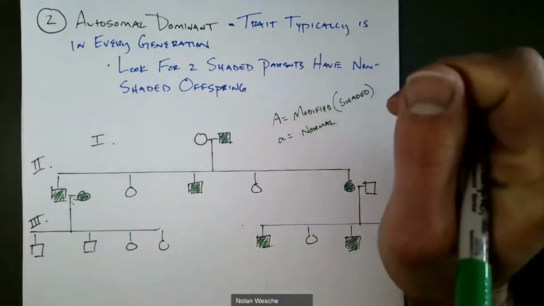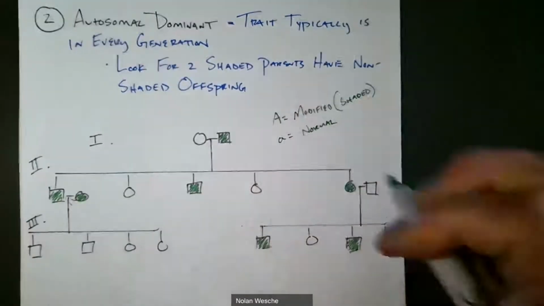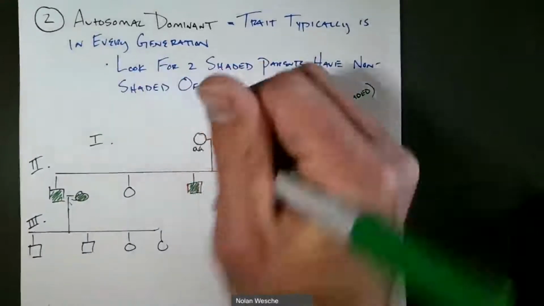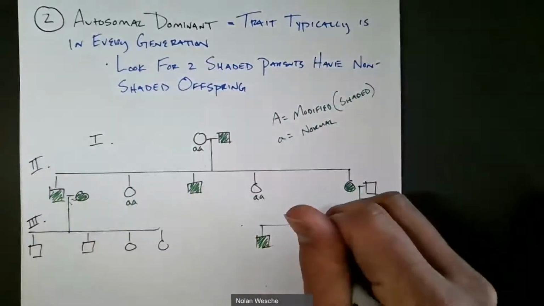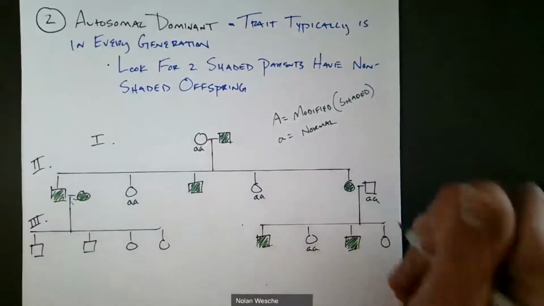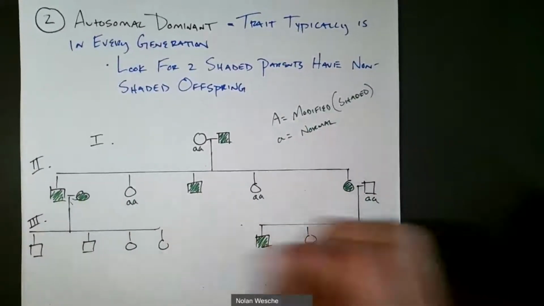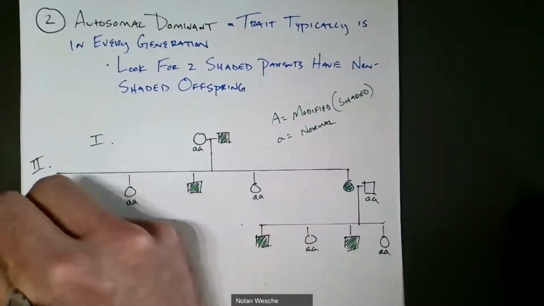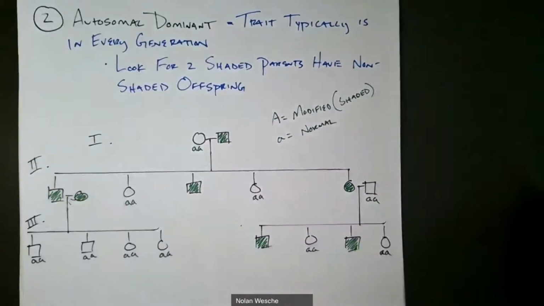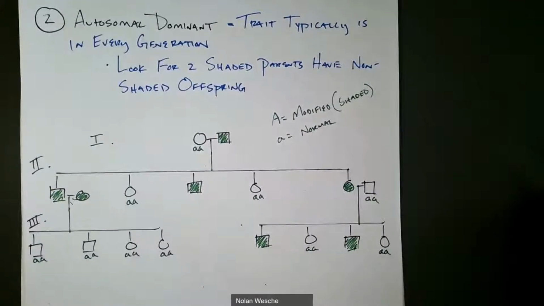So in this one, we would start identifying all the individuals that are not shaded. They would have both recessive alleles, because if they didn't, they would have a big A and be shaded. So these guys are very easy to knock out. That makes us then just look at the people that are shaded.